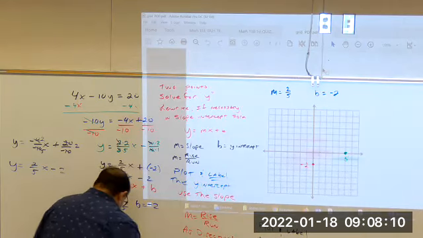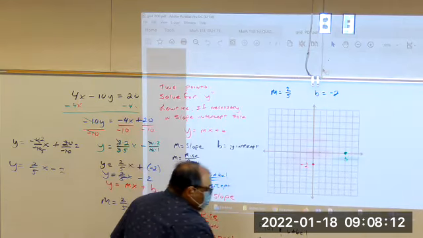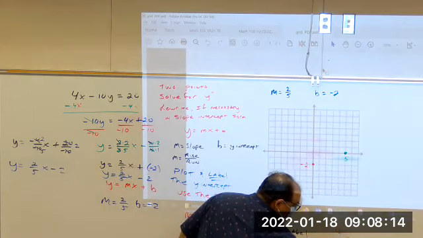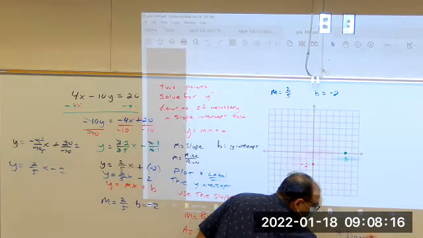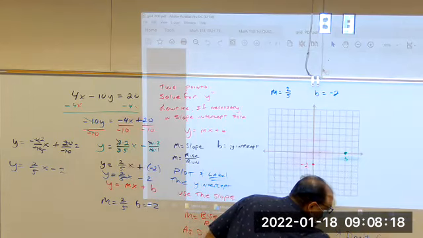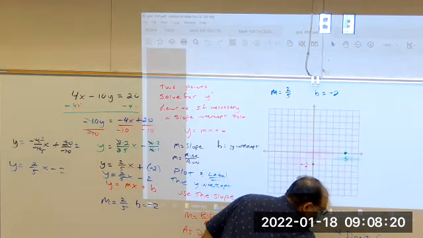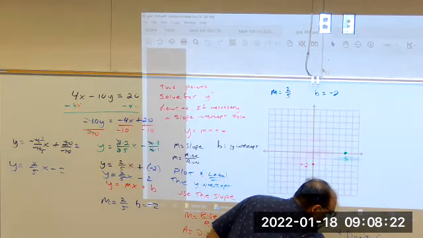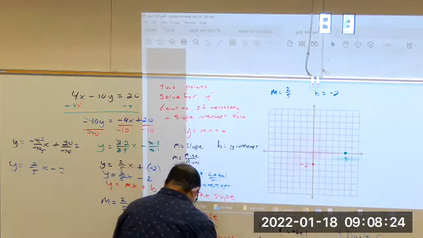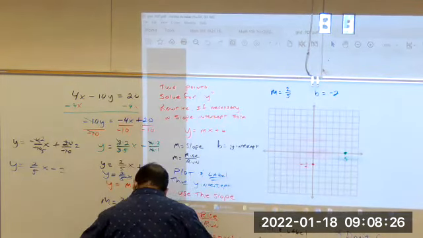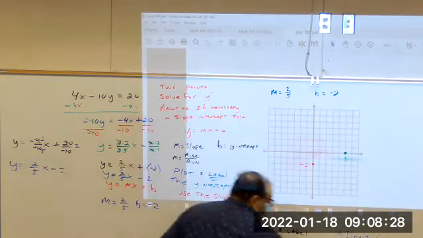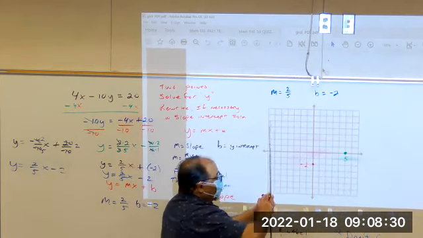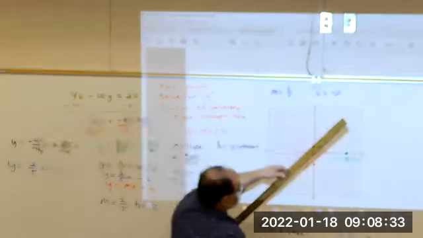And one other thing here: don't forget arrowheads. Don't forget the arrows, because lines go on forever. So when you draw your line, make sure you put arrows in both directions.